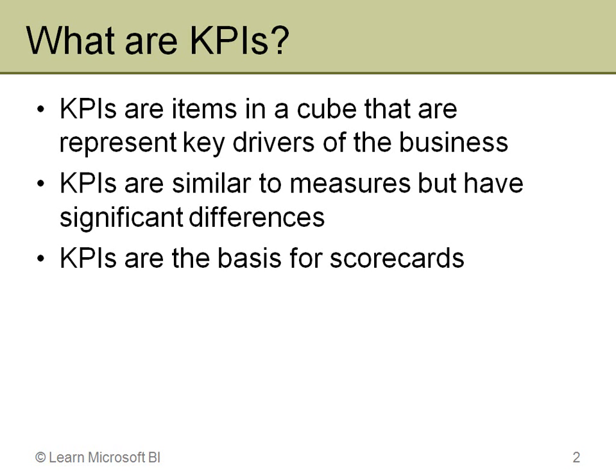Now, KPIs are similar to measures. Sales is often a KPI as well as just a general measure, but there are some significant differences, and I'll show those to you in a moment. KPIs are generally used for scorecards. That's why they exist. They have a graphical component to them that makes it very easy for an executive or anyone in the organization, but they're usually aimed at executives, to glance at it and know immediately how well you're doing.